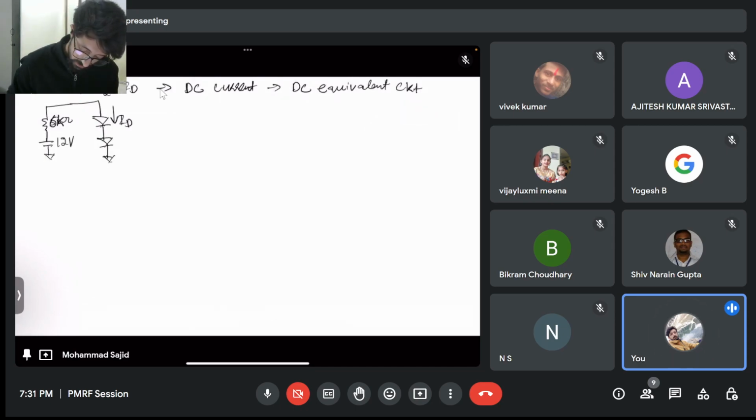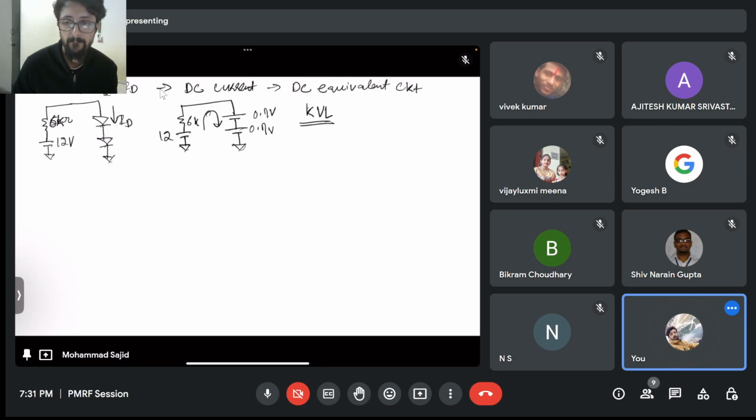Now the given cut-in voltage is 0.7, so you will replace each diode with a battery of 0.7 volts. This is 12. Now, as said in the first slide, you have Kirchhoff's voltage law, which will be applied on the circuit. You have an increase in potential, so plus 12, then a drop in potential with current I flowing, so minus I times 6K.